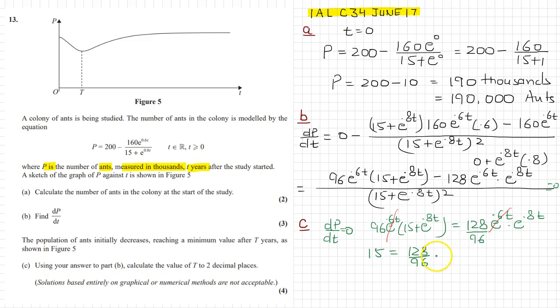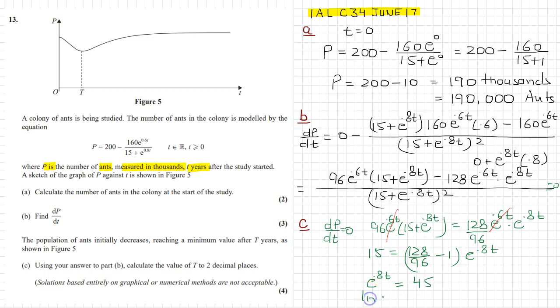This is e to the power minus 1, e to the power 0.8t. That is the value. So e to the power 0.8t is equal to 128 minus 96, that is, we are going to get over 15, so that is 45.